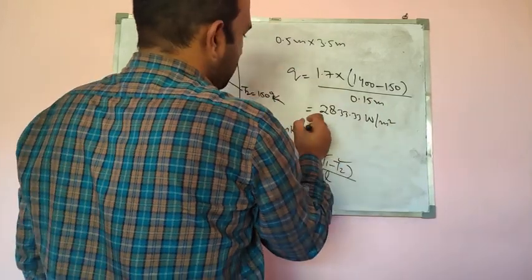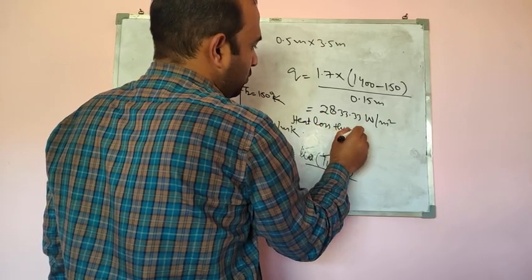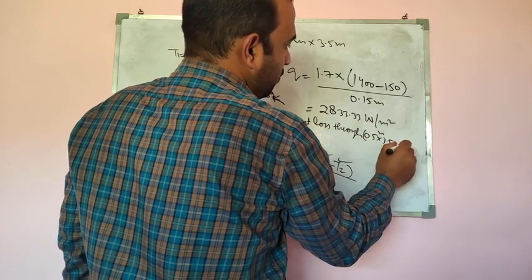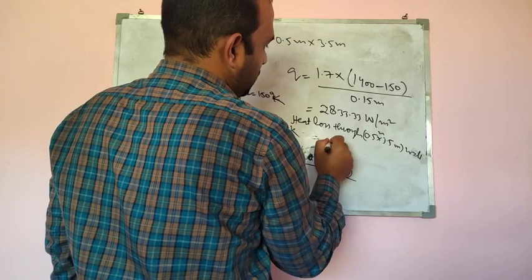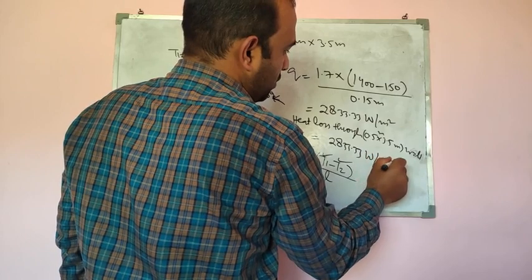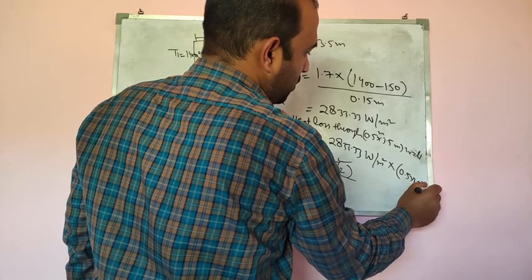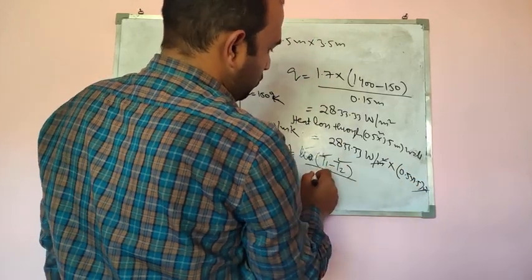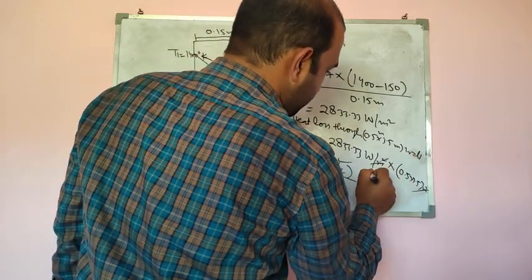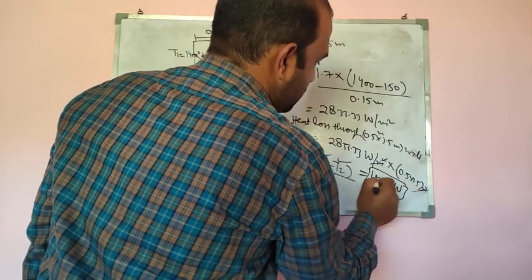Since it's per meter square, we then have to find the heat loss through the 0.5 by 3.5 meter wall. So it will be equal to 2833.33 watt per meter square multiplied by the area 0.5 into 3.5 meter square, and meter square will cancel out. So you can just multiply these and you will get 4250 watts. So this is the answer.